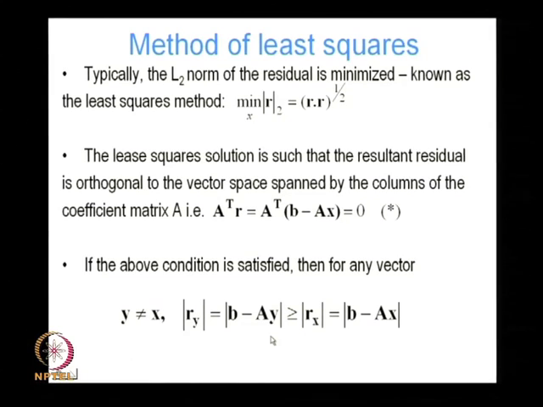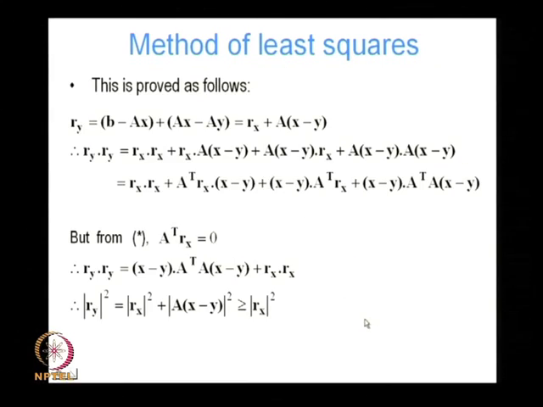This is sort of obvious, because we are finding x which minimizes the residual. So any vector y is going to give me a larger residual. It is intuitively clear, but it can be proved quite easily also. So let us go through the proof once.